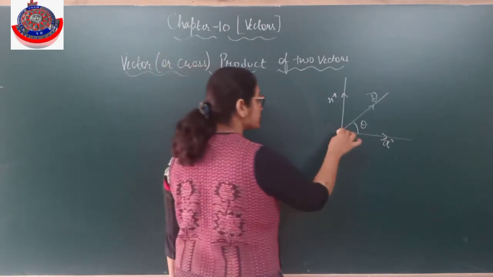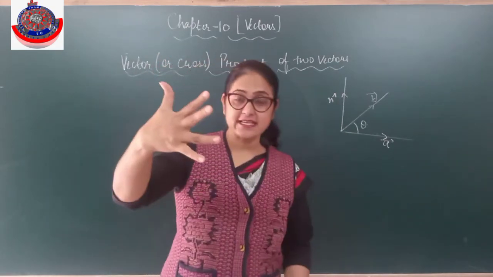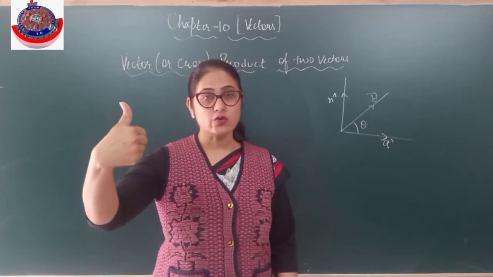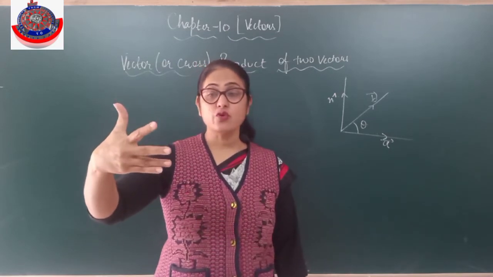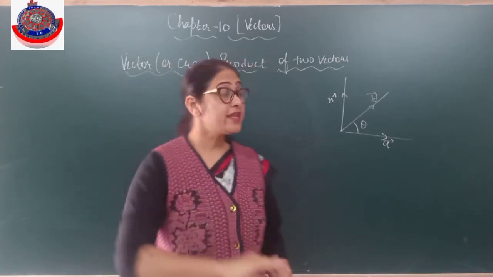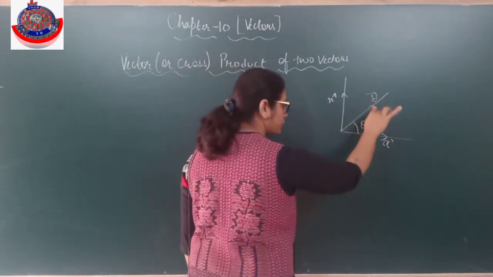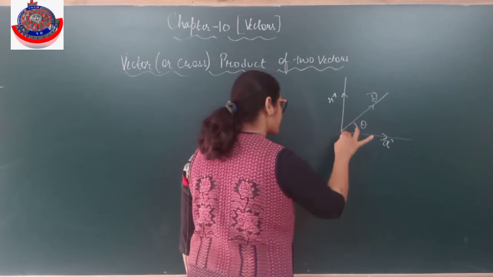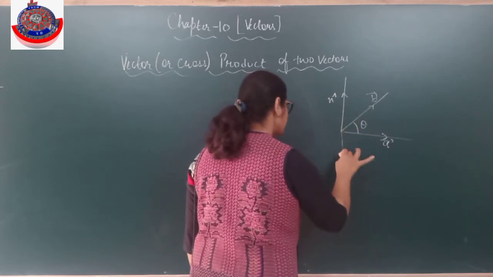In the opposite direction, because it is a right hand system, it goes up. If it rotates from this side to this side, in clockwise direction, it comes down, in the negative direction.